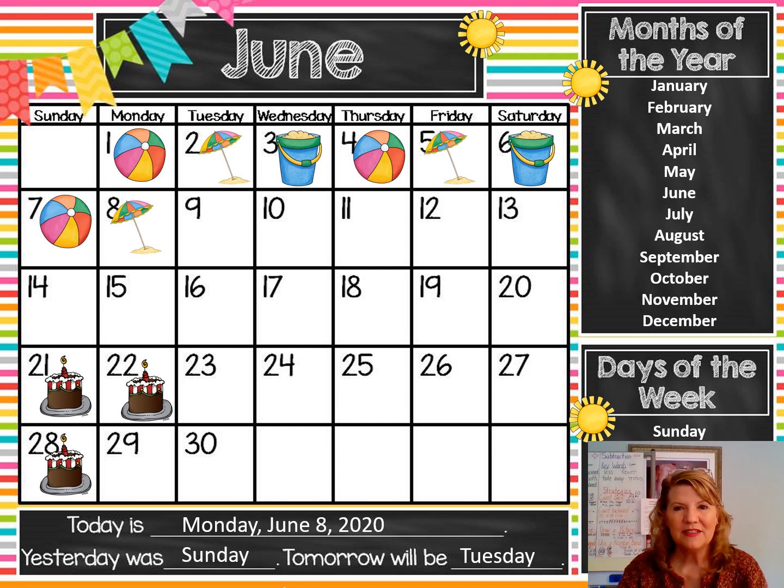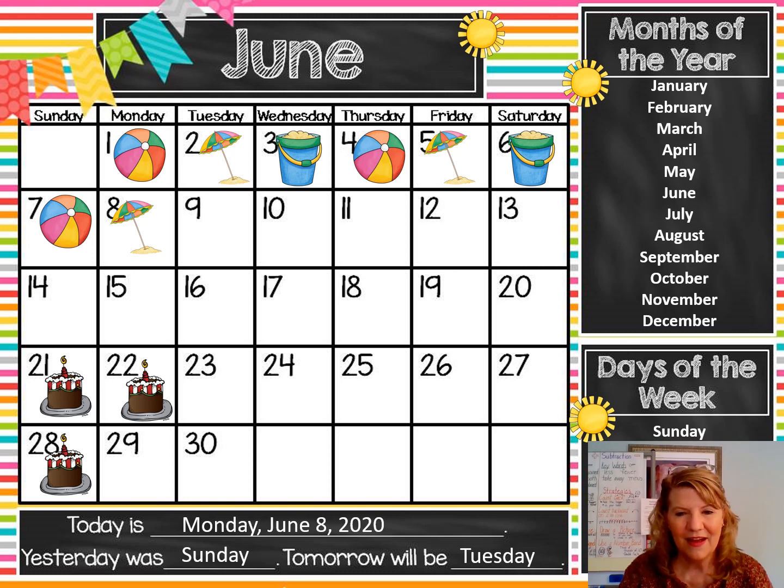Let's take a moment to review the months of the year. We'll begin with January. 3, 2, 1, go. January, February, March, April, May, June, July, August, September, October, November, December.